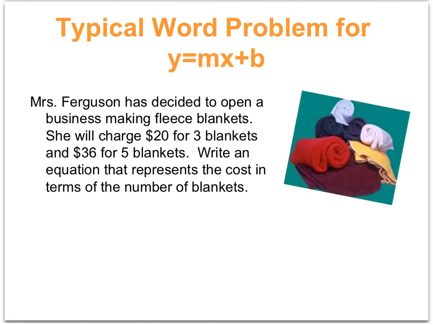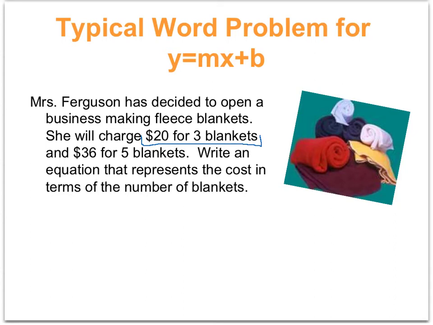Here's an old word problem that you could have seen on our last quiz or what we've been doing. Really what's happening in this particular case is that I'm giving you 2 points. In this problem, Mrs. Ferguson has decided to open a business making fleece blankets. She's going to charge $20 for 3 blankets, $36 for 5 blankets, and we want you to write an equation that represents the cost in terms of the number of blankets.